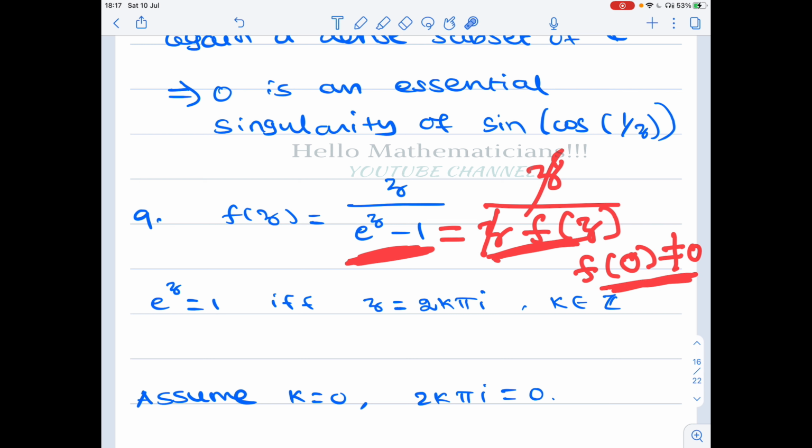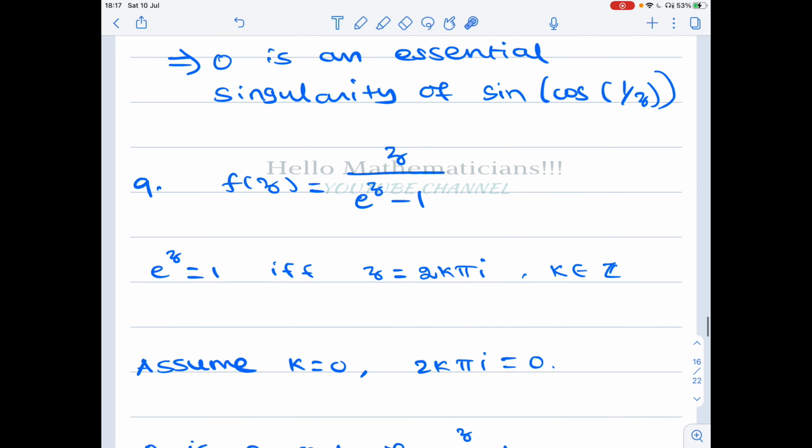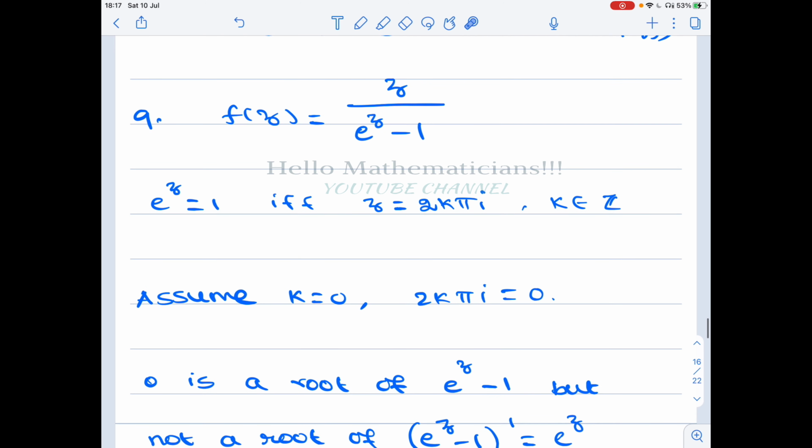Therefore, this z will cancel, and we get only 1 by f of z, and this f does not vanish at the point 0. Therefore, for 1 by f of z, 0 is not a pole, which means that for this function, 0 is a removable singularity.